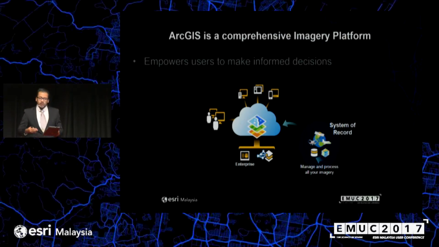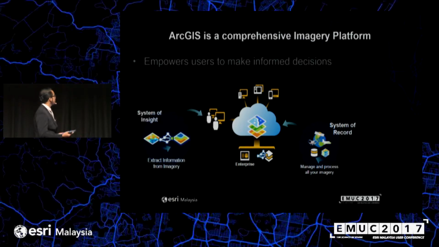It is a space where you manage your imagery and make it available for people inside your organization. Next is the system of insight. This step is about extracting information from imagery. For example, we use raster function analysis to extract information from imagery.